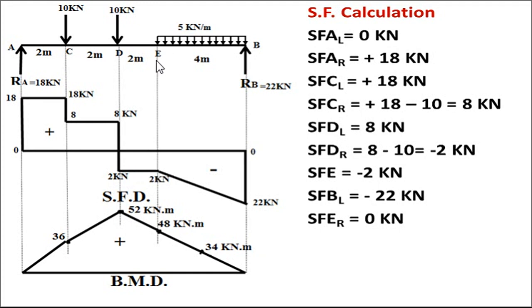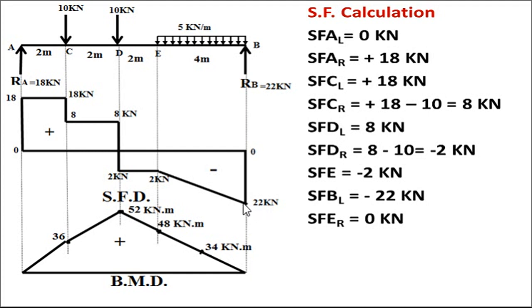Now from E to B there is a load of 5 into 4, which means 20. So minus 2 remains as it is up to this point, then minus 2 minus 5 into 4, minus 2 minus 20, means minus 22.